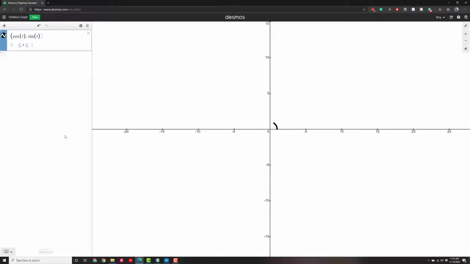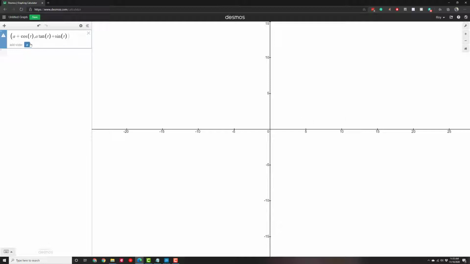Of course, that's not what we're graphing here. We're graphing a plus the cosine of t, and the second function was a tangent of t plus the sine of t.